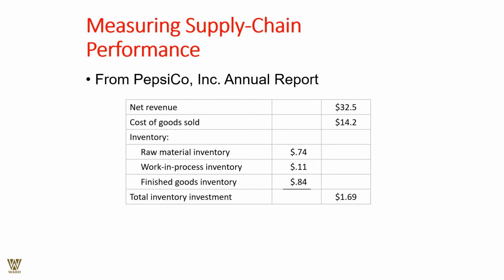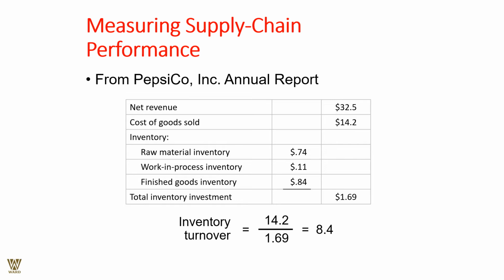From PepsiCo, if you look into it, the net revenue is $32.5, just illustrative numbers, not in terms of million and billion. COGS, the cost of goods sold, is around $14.2. For inventory, the raw material is 0.74, work in progress is 0.11, and finished goods inventory is 0.84.